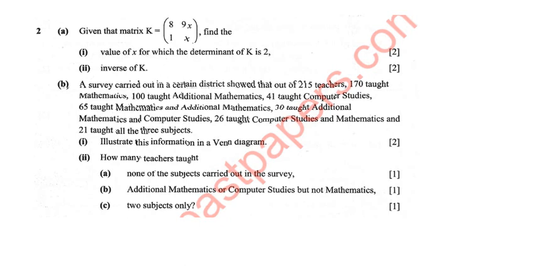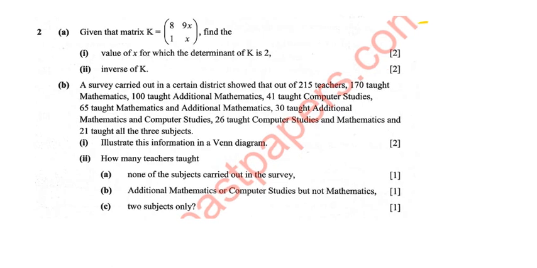So a survey carried out in a certain district showed that out of, so this out of, now they started breaking it down depending on this number. So this shows that our total, we can even say data there, our total is equal to 215, like that.